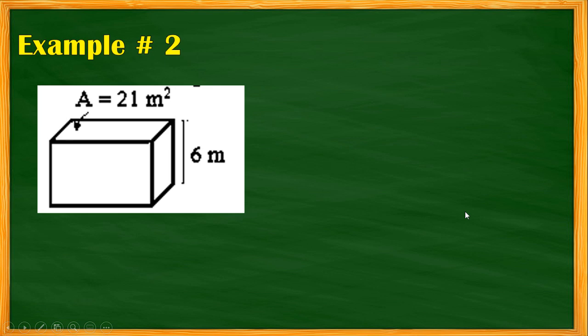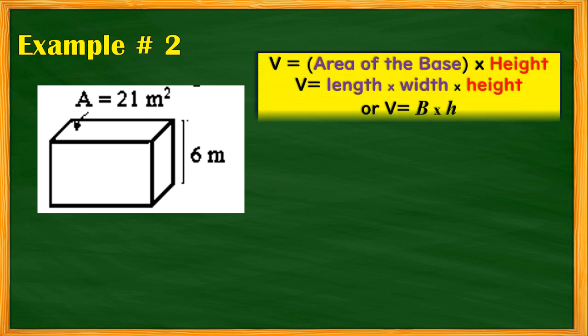Then for number 2, we have this figure. This figure has an area of the base. The base is a rectangle and the height is 6 meter. Area of the base is 21 square meter. So let's solve for this one. The formula is area of the base multiplied by the height.